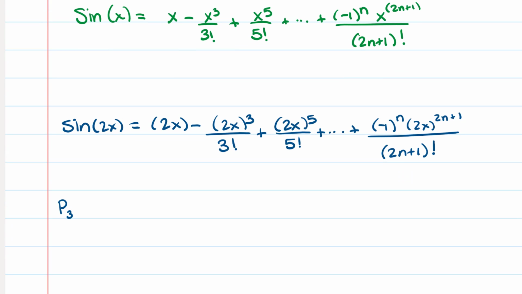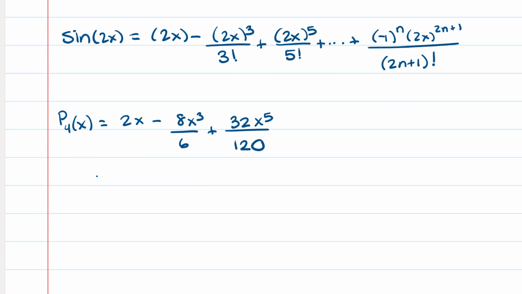So the polynomial, which is actually an order 4 polynomial, is going to be 2x minus 8x cubed over 6 plus 2 to the fifth, which is 32x to the fifth, over 5 factorial, which is 5 times 4 times 3 times 2 times 1, or 120. So this is going to be 2x minus 4/3 x cubed plus 4 over 15 x to the fifth.